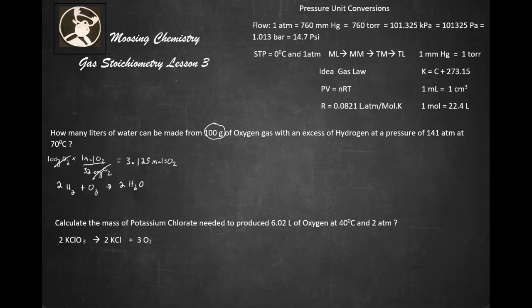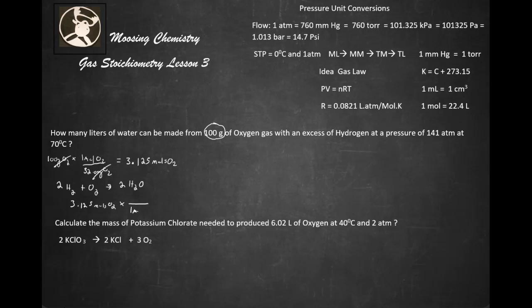Okay, so now let's go ahead and do this. So we go 3.125 moles of O2, and we want to convert that into moles of water, so we have to look at the molar ratio. The molar ratio between moles of oxygen and water is 1 to 2.